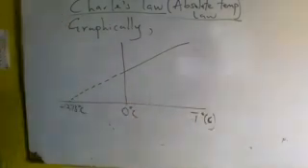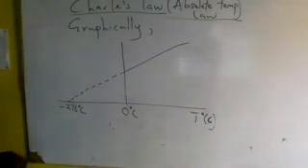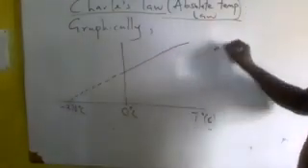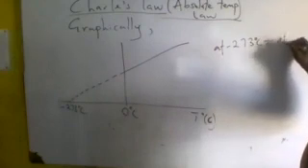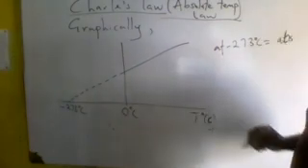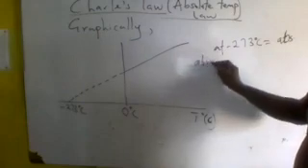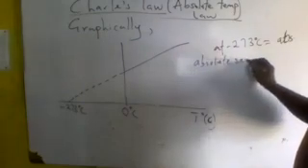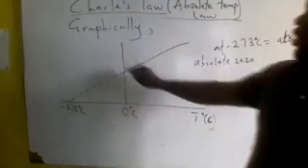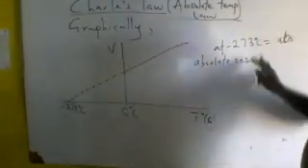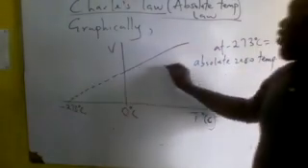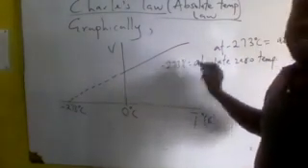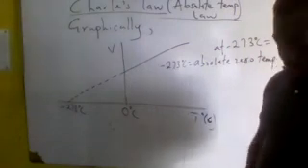Note something: there's a practical sense here. At minus 273 degrees Celsius, this is what you call your absolute zero temperature. That is the absolute zero temperature.